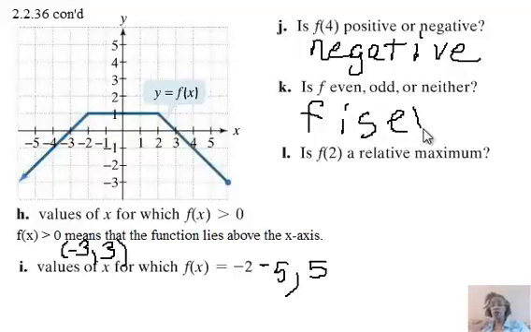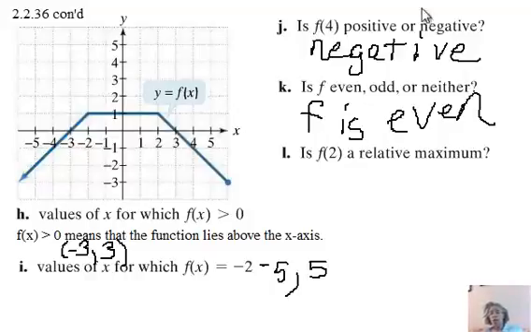So whatever's on one side of the y-axis, we have to have the mirror image of that on the other side of the y-axis in order for something to be called even. So it has to have symmetry with respect to the y-axis.